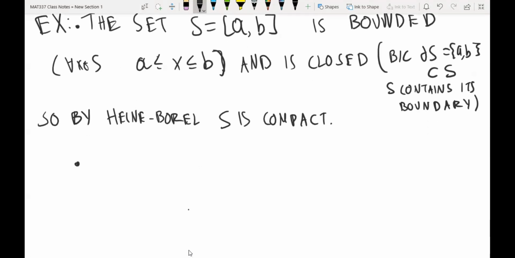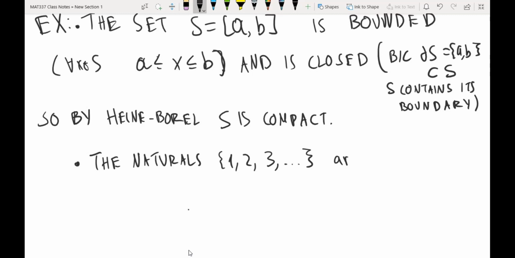The naturals one, two, three are a closed set. See proof for discrete.